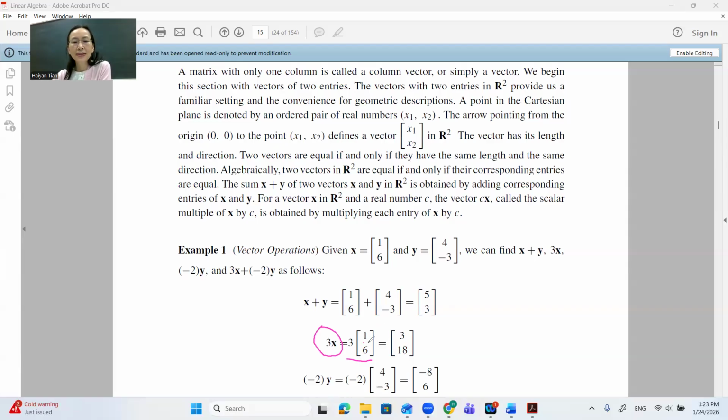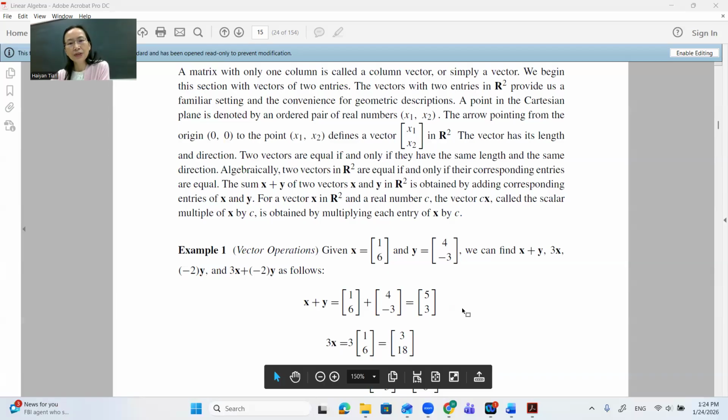So 1 times 3, which is 3. 6 times 3, which is 18. So we have a new vector. As a result, 3x is a new vector. It is obtained by multiplying each entry of x by 3, and then you get the scalar multiple of x.